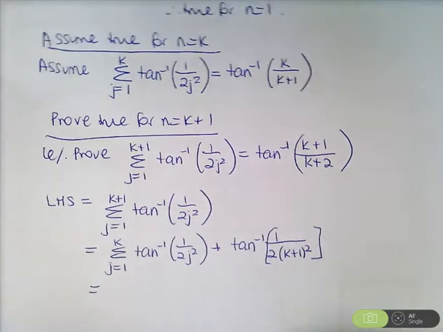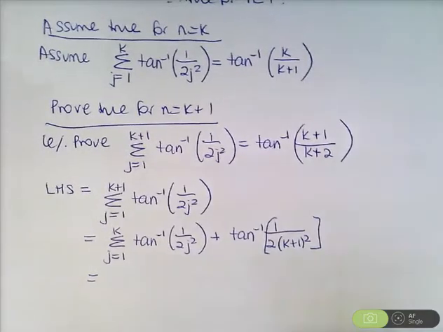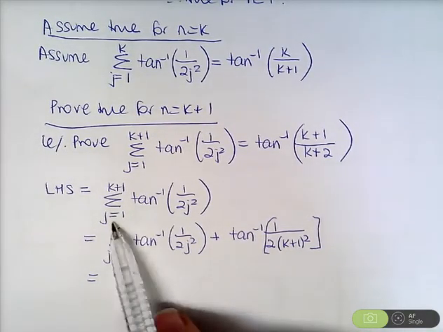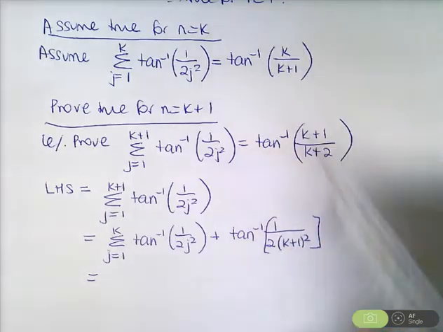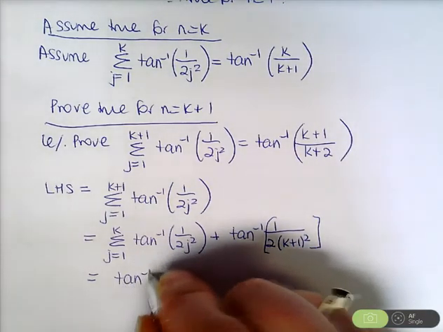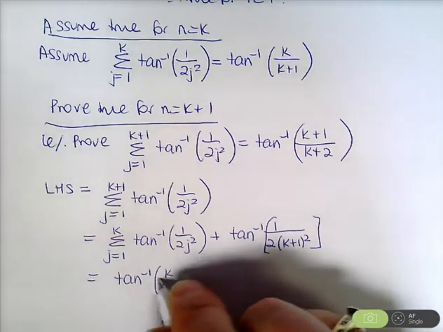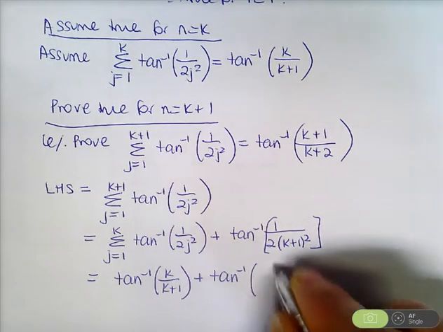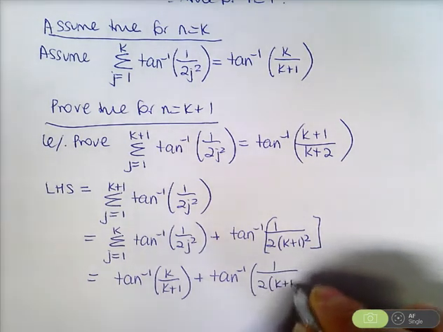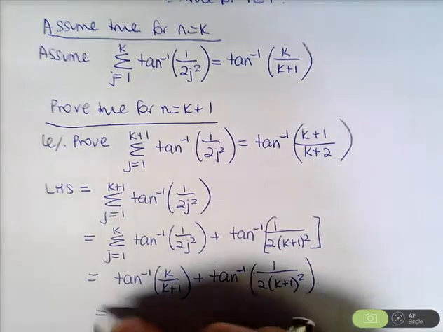Now, using the assumption from step 2, we can replace the sum from j equals 1 to k of inverse tan of 1 over 2j squared with inverse tan of k over k plus 1 plus the inverse tan of 1 over 2 bracket k plus 1 squared.